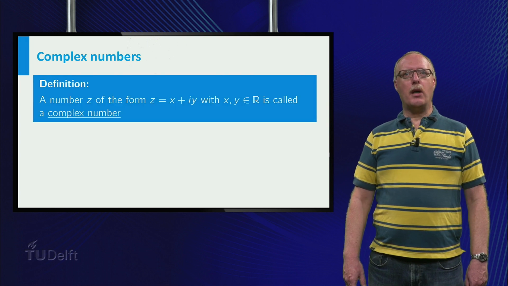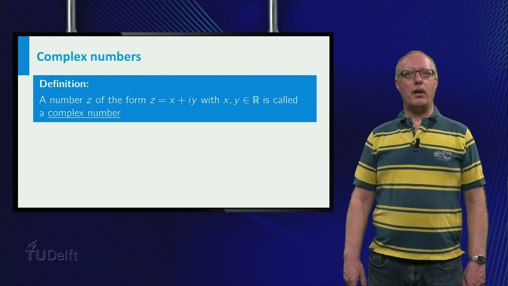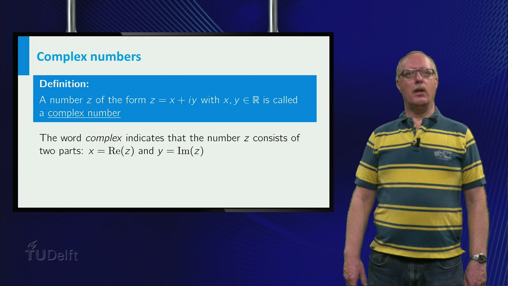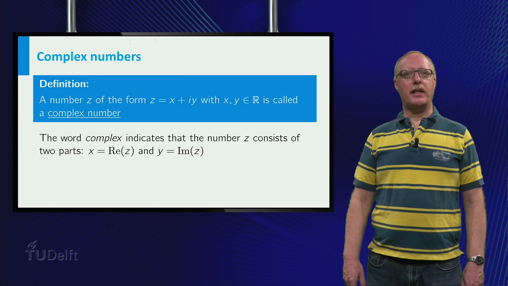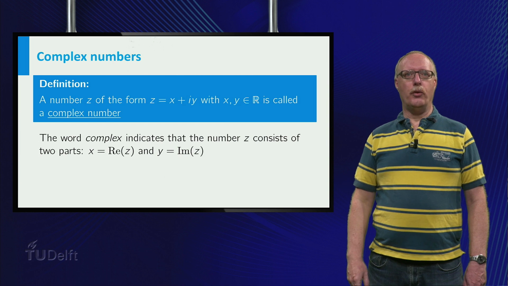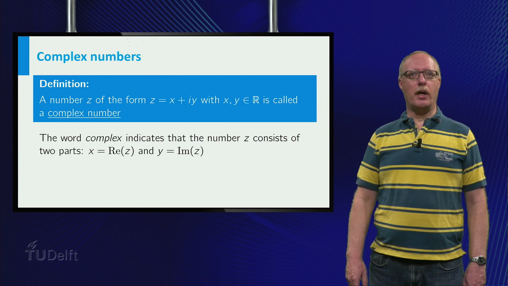Now we define a complex number z to be a number of the form x plus i times y with x and y real. The word complex indicates that the number consists of two parts. x is called the real part of z, and y is called the imaginary part of z.